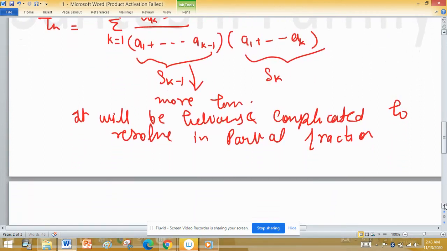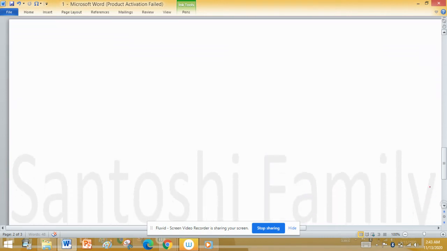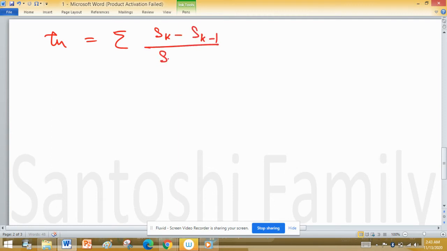So my next target will be Tn equal to summation of sk minus sk minus 1 divided by sk minus 1 sk. This is a product and this is a difference.